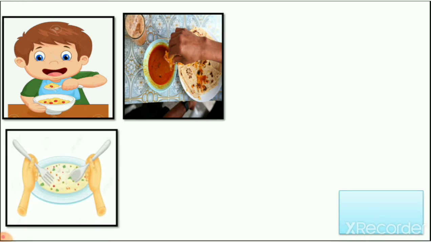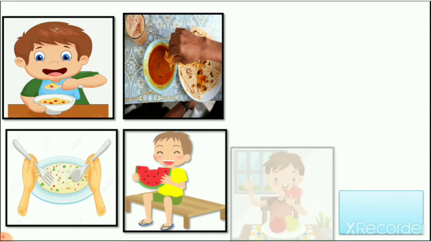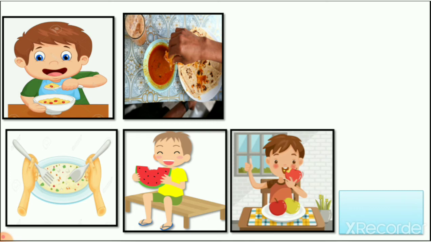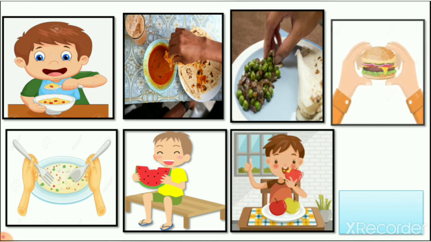Second, you can see people eating with hand, right? Chapatis, cereals and pulses, a mixture of cereal and pulses. Then eating watermelon, eating an apple, eating a proper meal and a burger.